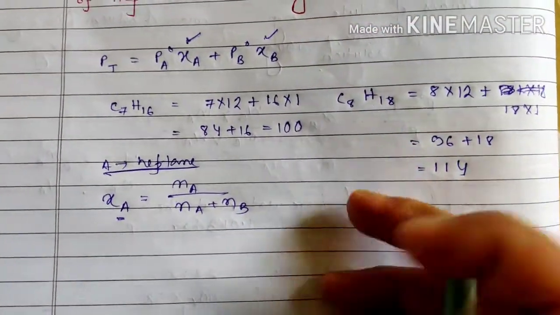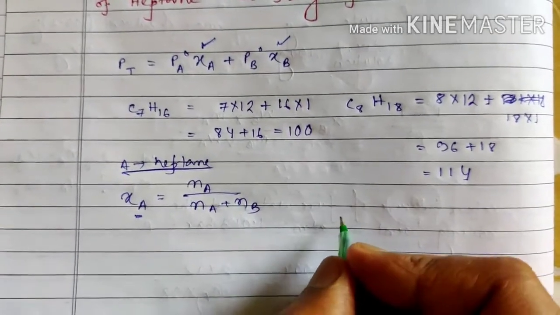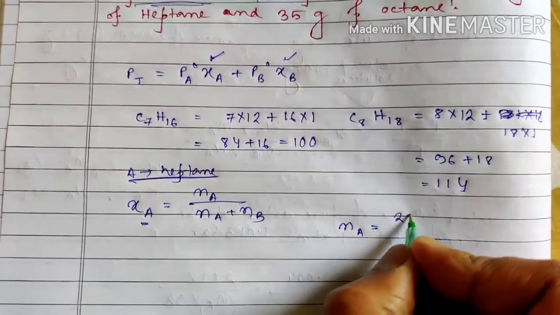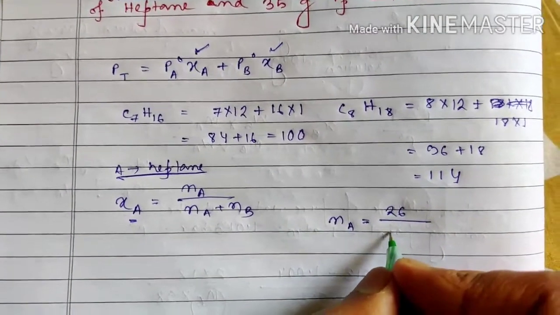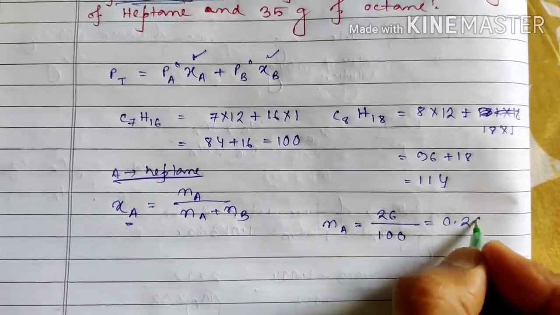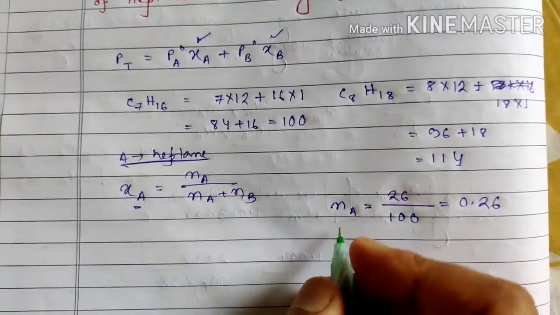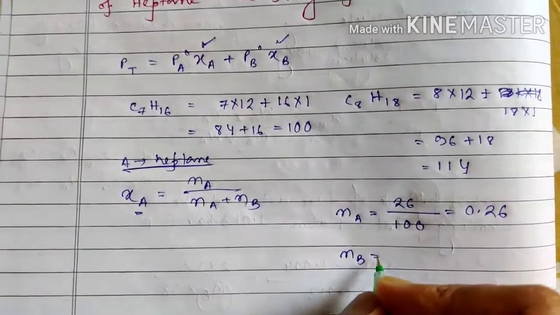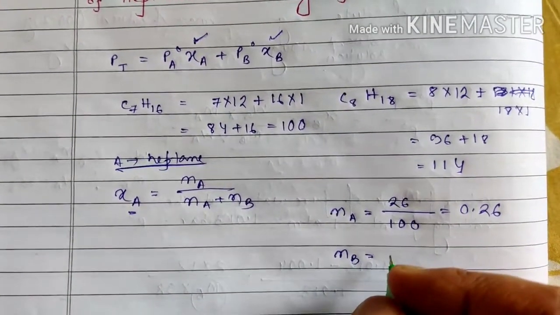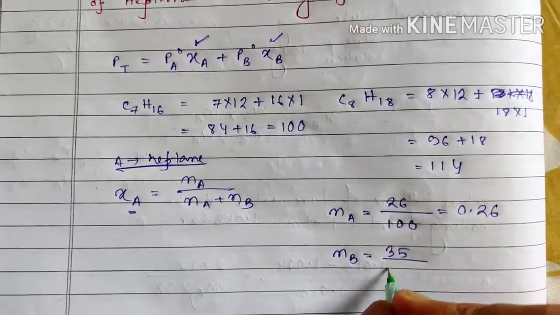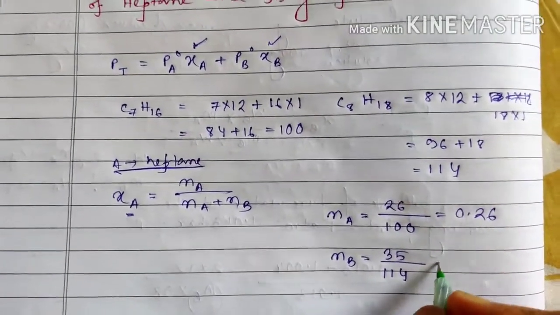Now let us individually see what is the number of moles of heptane, that is Na. It should be given mass, which is 26, by molar mass, which is 100. That means 0.26. And if we calculate Nb similarly, it is the given mass in this question. If you see, the given mass is 35 divided by 114.